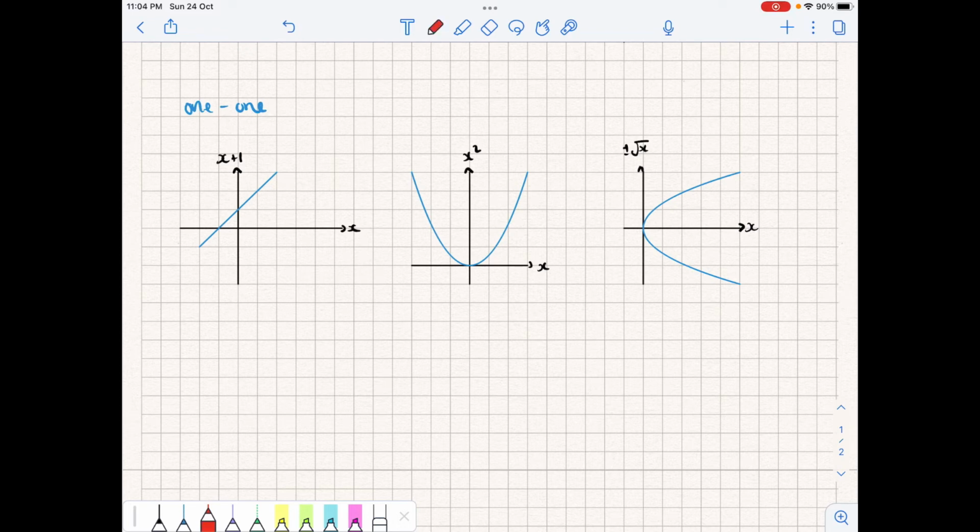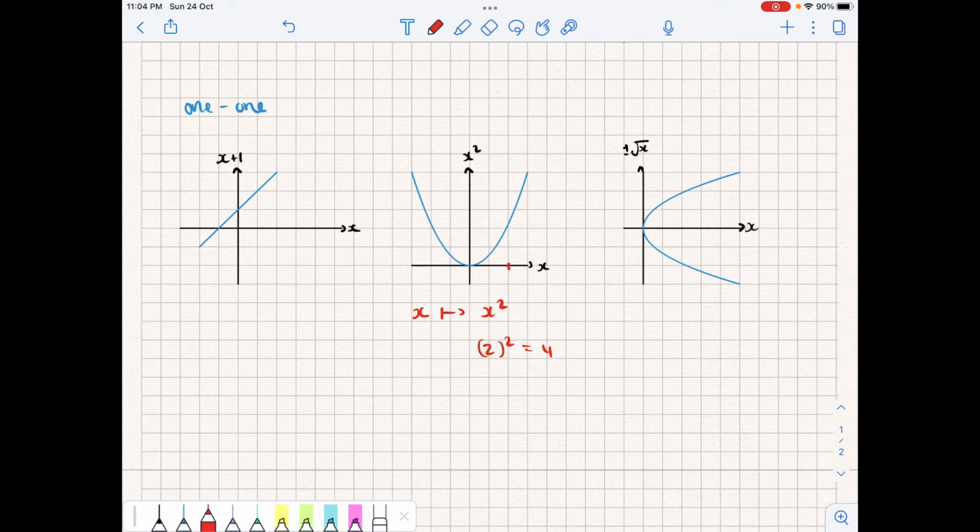Let us consider, what if x was equal to 2? So we could write this in function notation or in a mapping notation as x is mapped onto x squared. If x is equal to 2, then we will get 2 squared, which is 4.